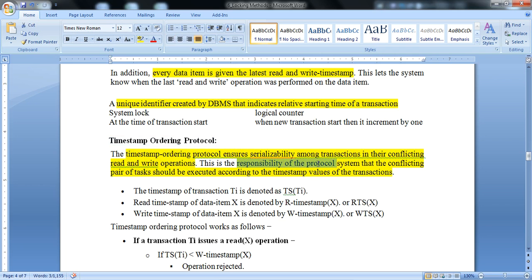The responsibility of the protocol is that the conflicting pairs of tasks should be executed according to the timestamp value of the transactions, to maintain the consistency of the database.